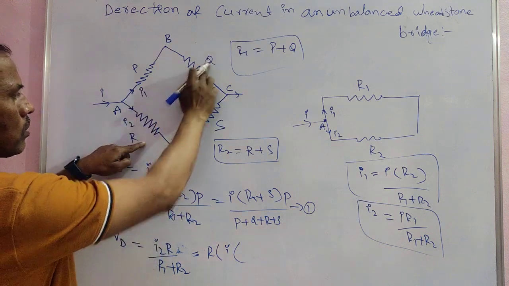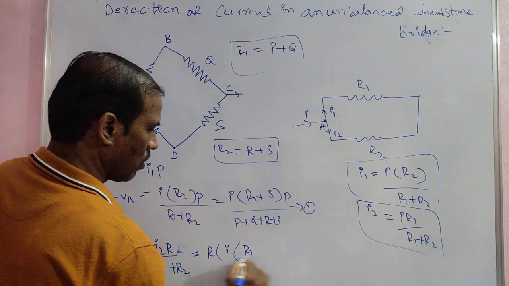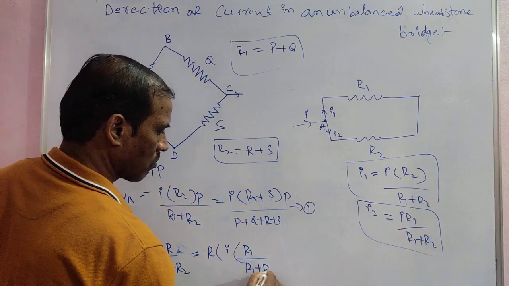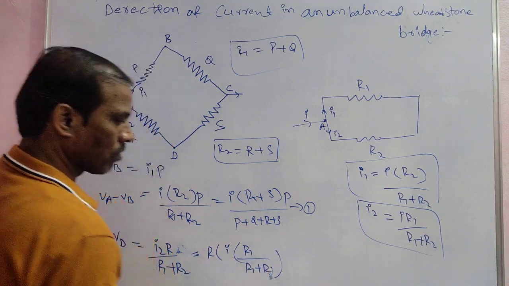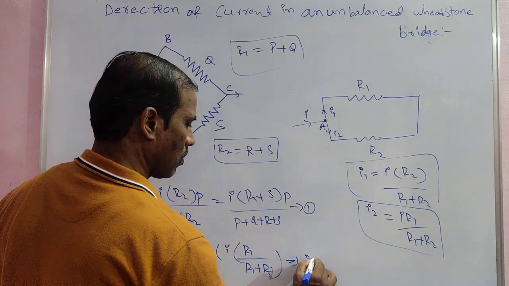The opposite resistance is nothing but R1, by R1 plus R2.